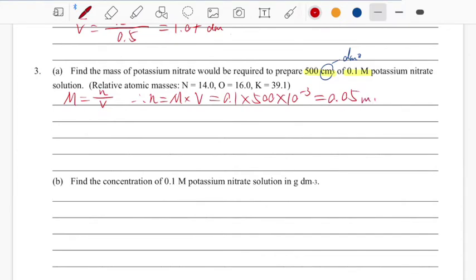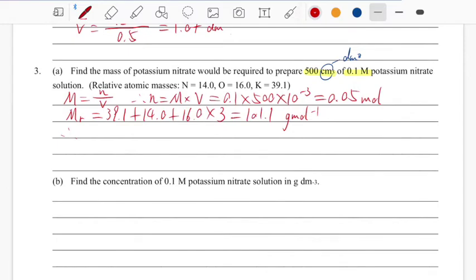The answer should be 0.05 mole. And then from number of mole, if we need to work out the mass, we need to multiply by its molar mass. The molar mass for potassium nitrate would be 39.1 plus 14 plus 16 multiplied by 3, which in total would be 101.1 gram per mole.